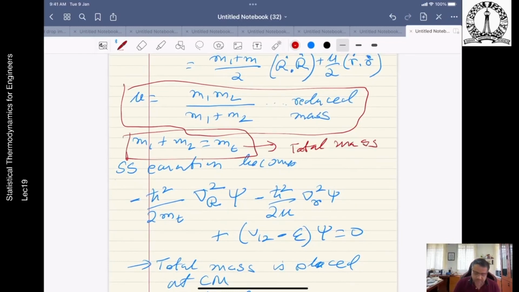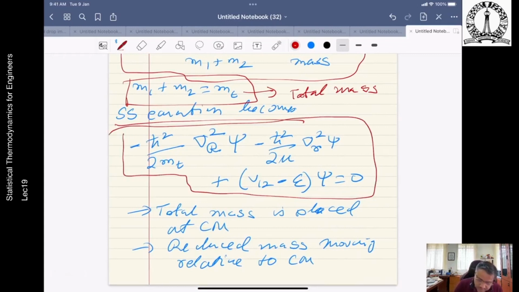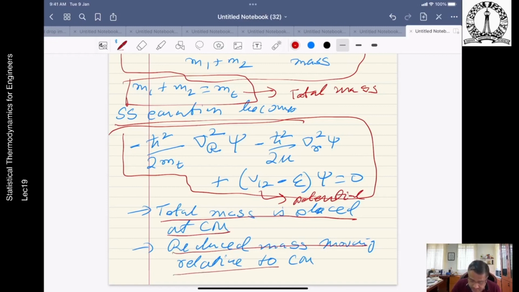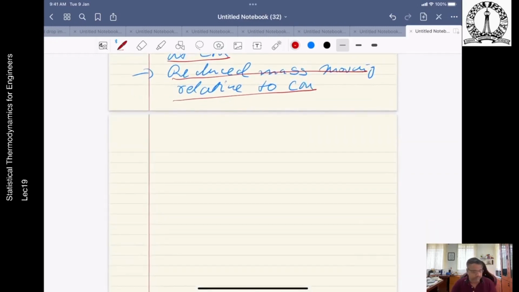So the steady state version of the wave equation becomes this. Remember, V12 is once again the potential. And so the total mass is placed at the center of mass, and the reduced mass is moving relative to the CM. These are the two natural outcomes of this particular analysis.